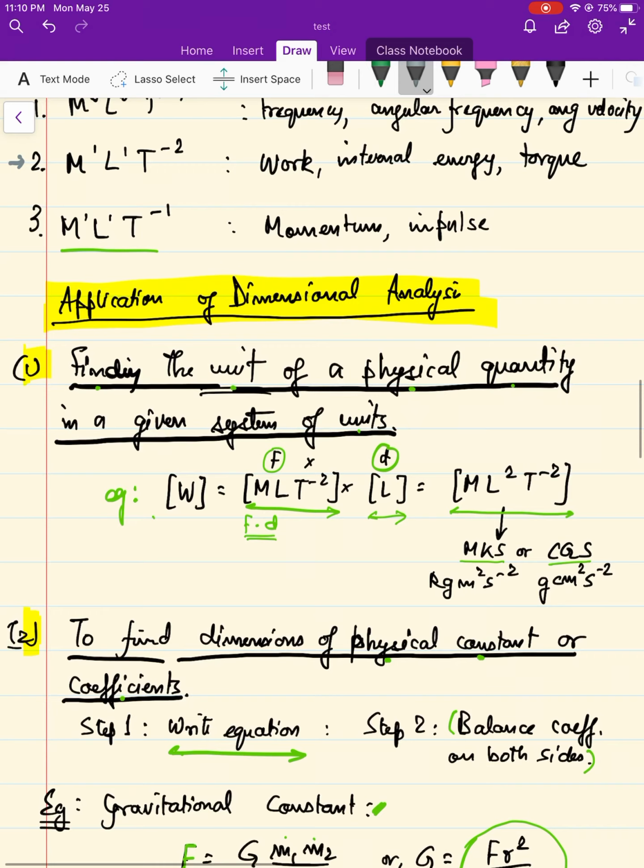So now coming to the most important part of today's topic, the application of dimensional analysis. The first point that we will focus on today is finding the unit, and that's where the importance of dimensional analysis comes in: it can be used to find the unit of a physical quantity in a given system of units.